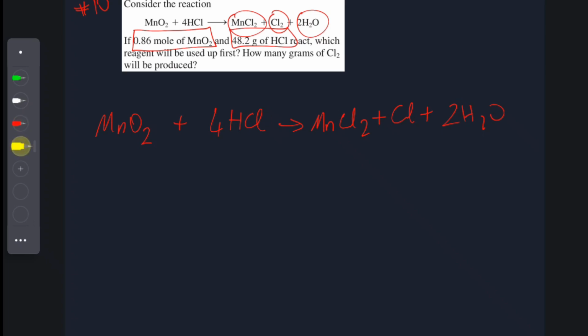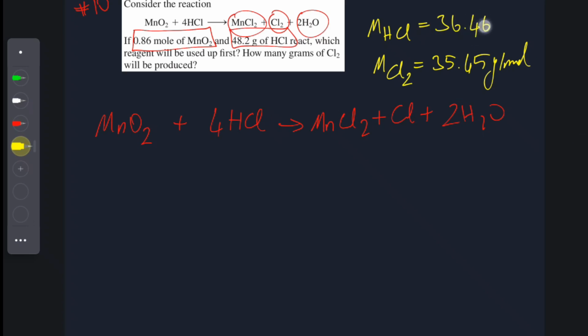And we have to know the molar mass of HCl and the molar mass of Cl2. And this is 35.45 grams per mole, and this is 36.46 grams per mole.